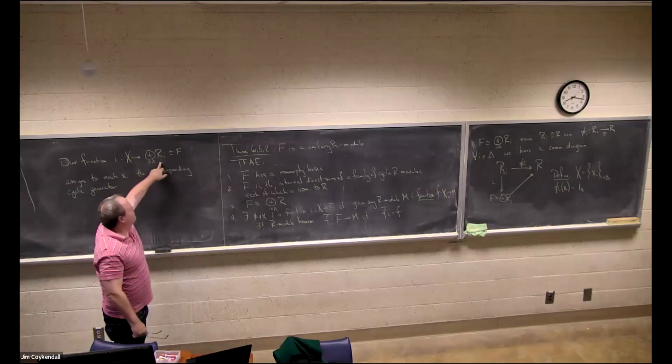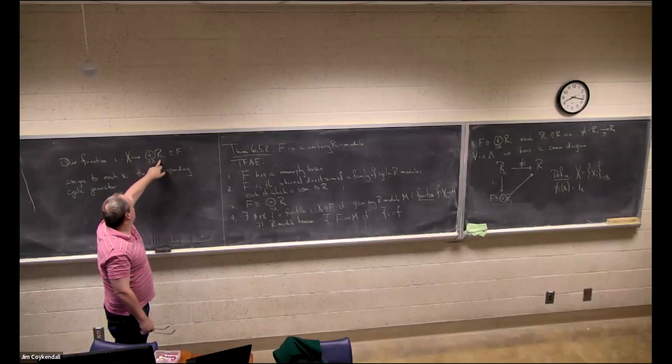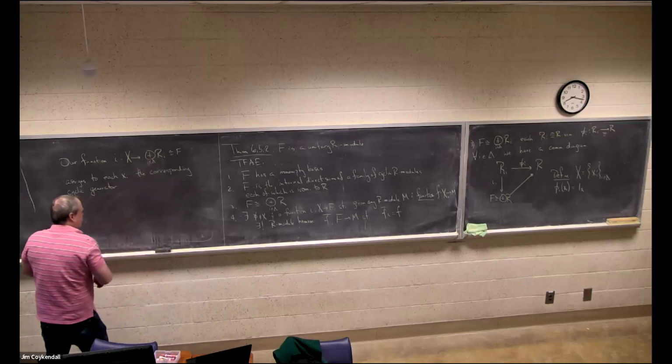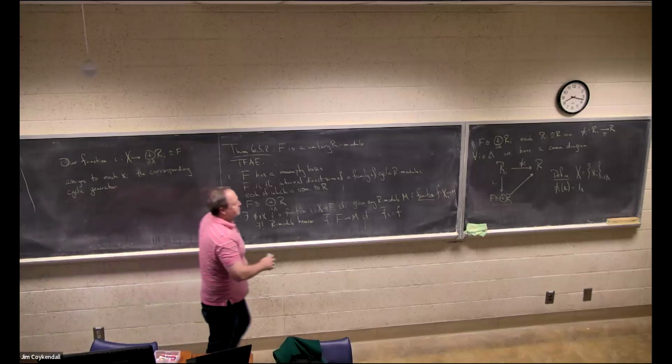By the way, I'm going to use this notation later. When you have a direct sum of some number of copies of R, are you familiar with the notation? Let me take a little aside here.